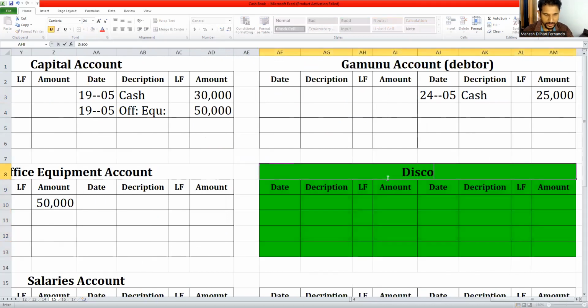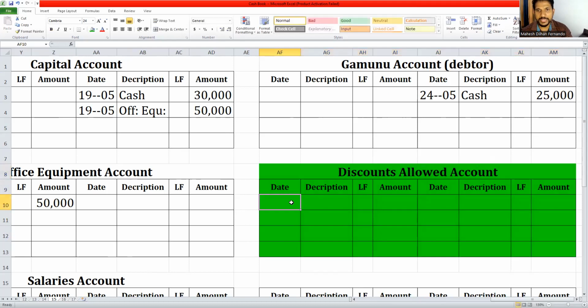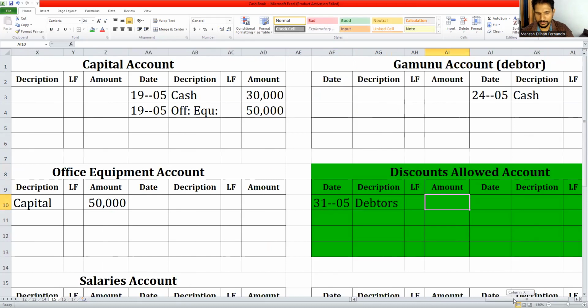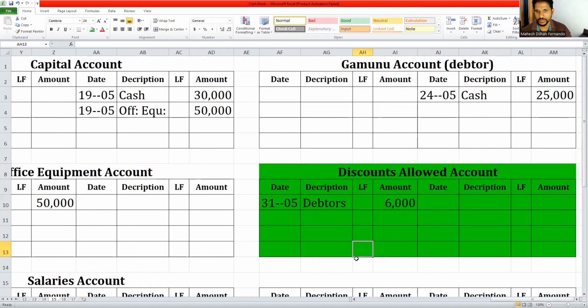This is discounts allowed. And debit the discounts allowed account, 31st of May. Puta, debtors. What is the total? It is 6,000. Discounts allowed account debit 6,000.